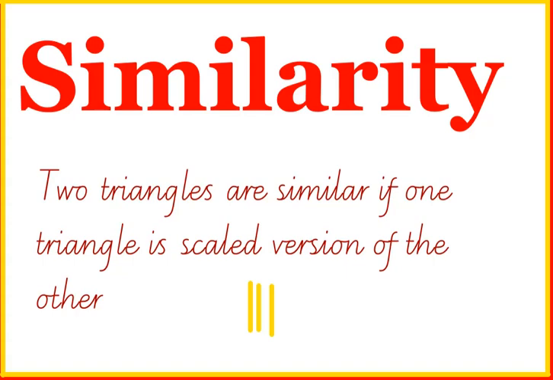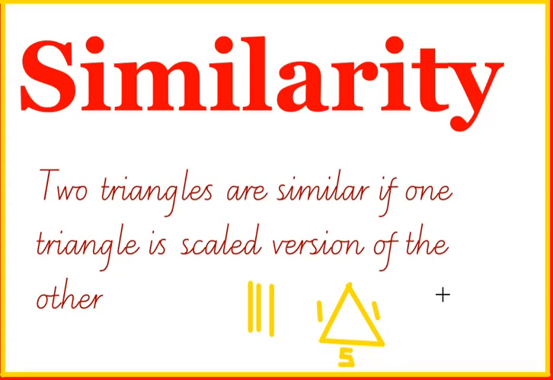So what does it mean when we say two triangles are similar if one triangle is a scaled version of the other? This means if we have a triangle ABC and this side is 1, this side is also maybe 1, and this side is 5 maybe.